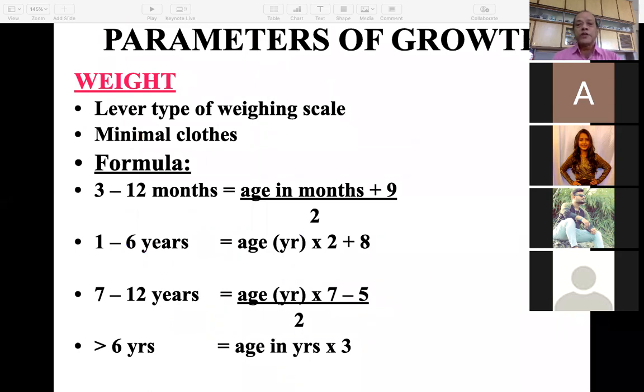Now, how to measure the growth? So, what are the parameters for measuring the growth of the child? One of the most important, or the single most important, is weight measurement or recording of the weight. Now, please remember for measuring the parameters of growth, ideally you have to follow the weight chart. Different weight charts are available for Indian children.